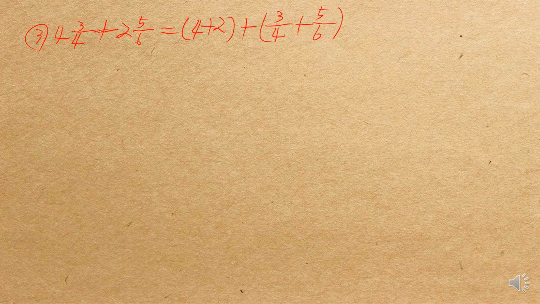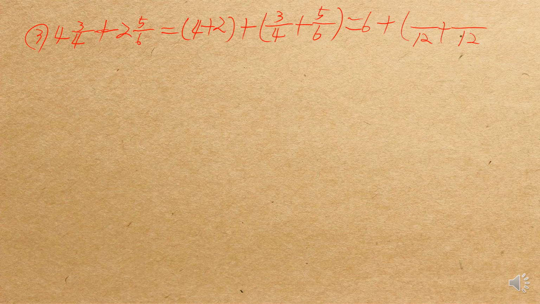Number 3. 4 and 3/4 plus 2 and 5/6 equals 4 plus 2 plus 3/4 plus 5/6 equals 6 plus, and 4 and 6, the common denominator is 12.